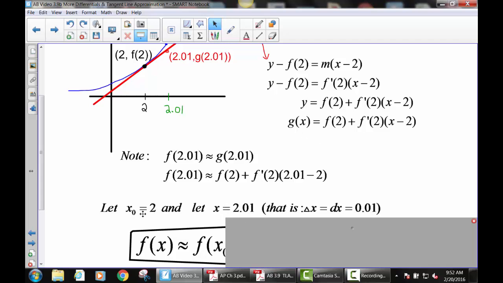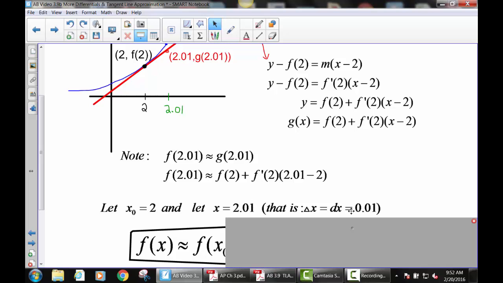I'm going to get a general formula. I did it for the point where x equals 2, but if you did a general formula, if you let x0, the pretty number, the x coordinate of the point of tangency, be the 2, and you let x be the 2.01, which is the uglier number very close to 2.